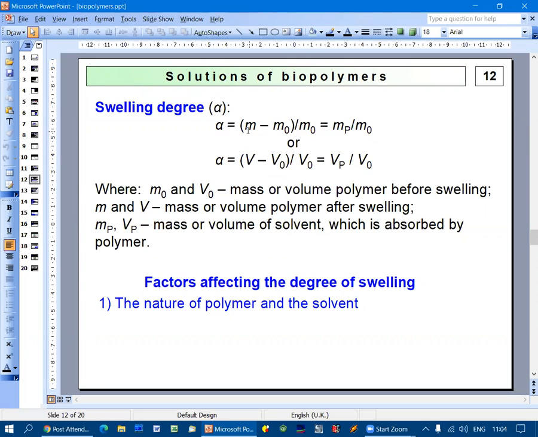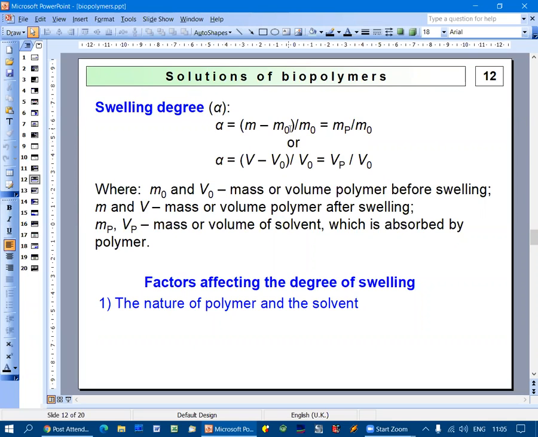And if you calculate swelling degree using masses, then of course M minus M0 will be the mass of solvent absorbed.